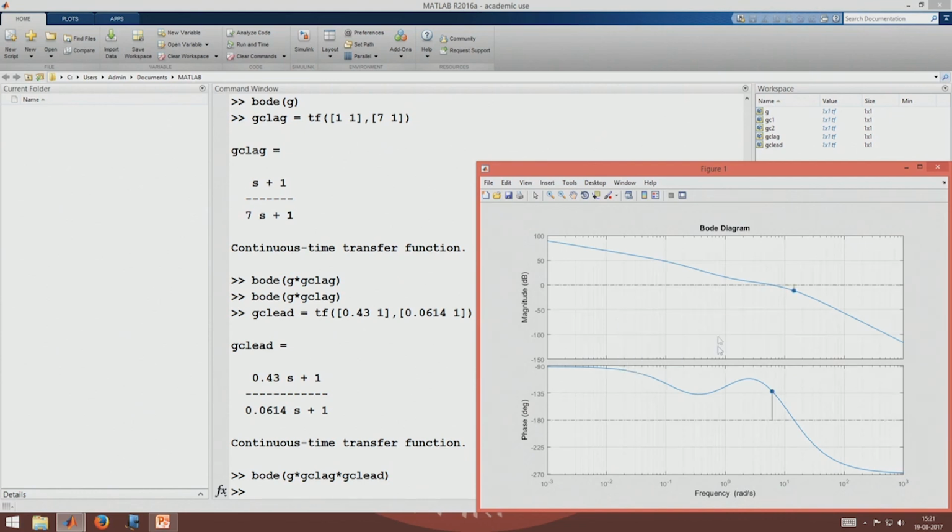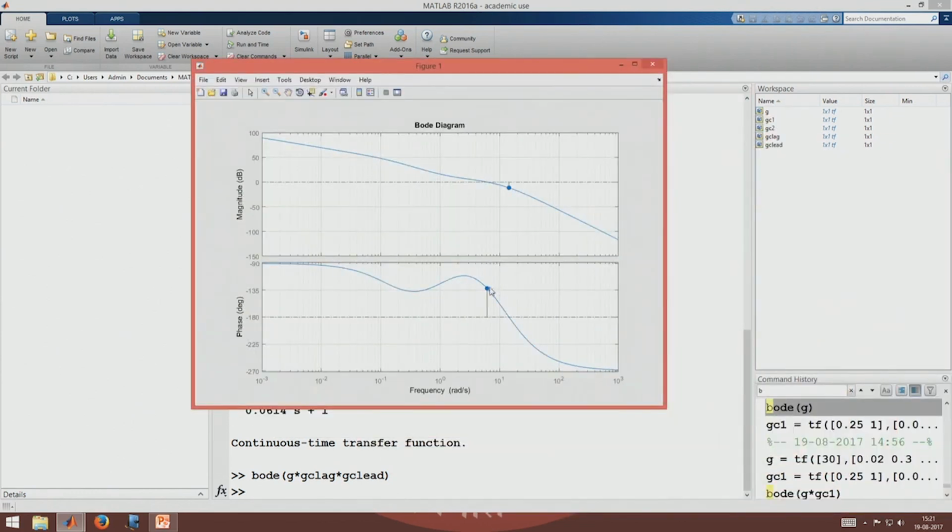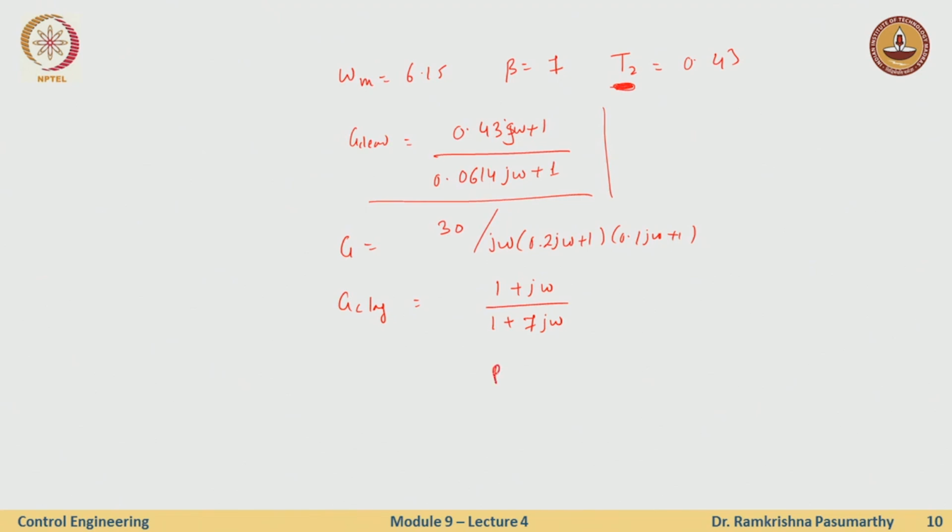Okay, so what are the characteristics now? First, phase margin is 48.1. Let's look at how the bandwidth is doing. Well, bandwidth not doing too well. It's roughly about 8 radians per second. So with this, the phase margin is 48, and the desired was greater than or equal to 50, and the bandwidth is about 8 radians per second.